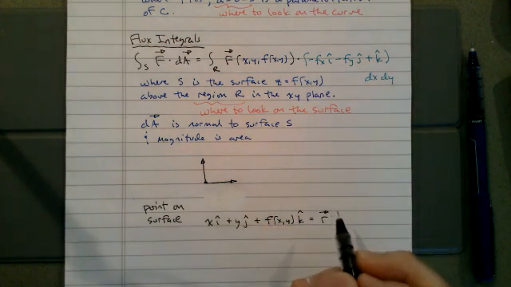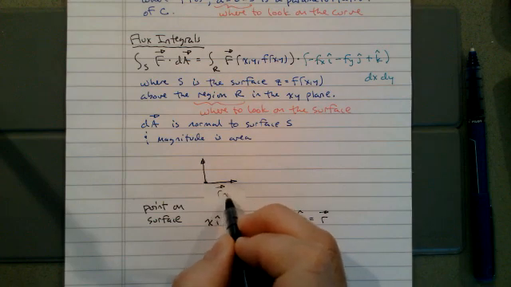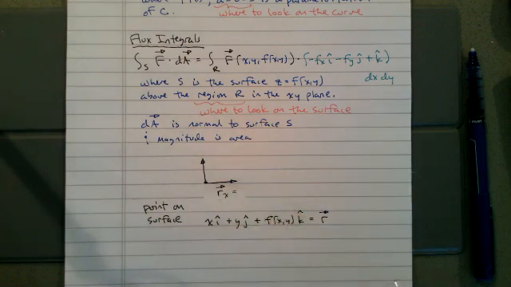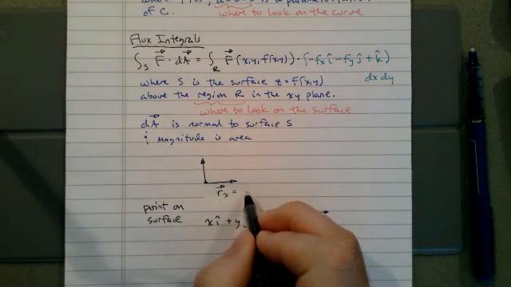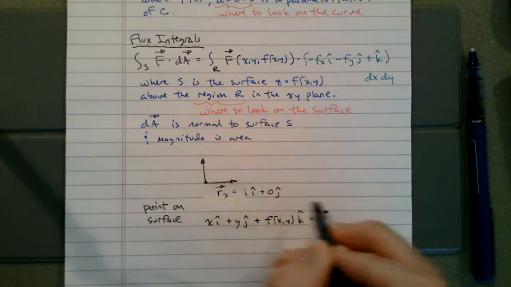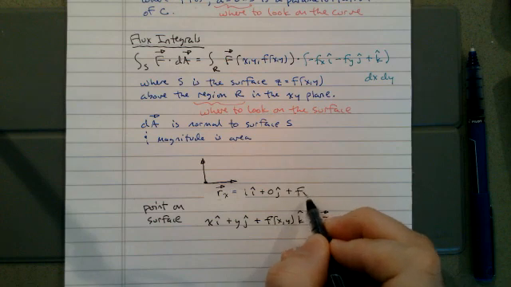So in the x direction, we're going to need the derivative in that direction with respect to x. So it's going to give us 1i plus 0j, and then the derivative of f with respect to x.